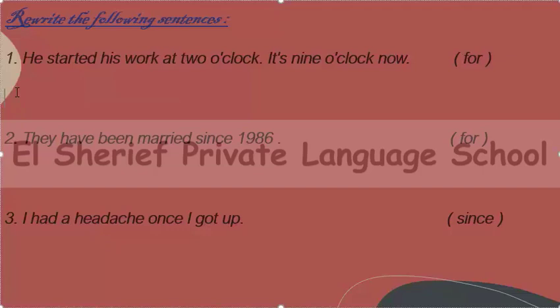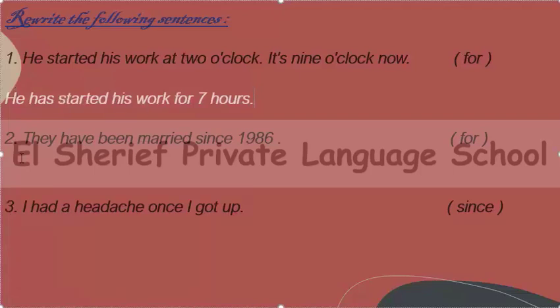Here he started his work, so he worked. So I will use the verb work. So I will say he has worked for, and from 2 to 9 o'clock it's 7 hours. So he has worked for 7 hours.